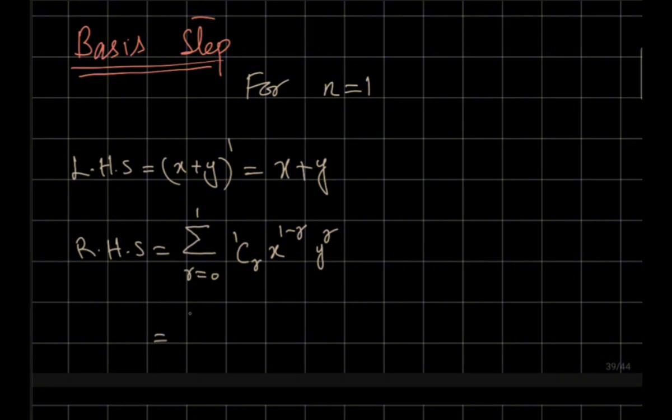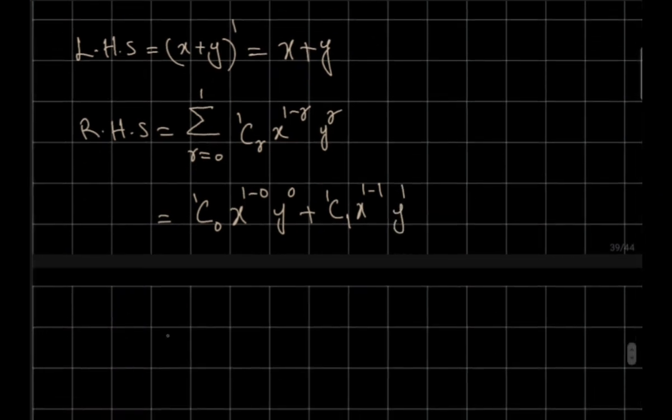First, 1C0, when we put r is equal to 0, x to the 1 minus 0, y to the 0. Now put r is equal to 1, we will get 1C1, x to the 1 minus 1, y to the 1. 1C0 is always 1, so we get 1 times x to the 1 minus 0, which is x to the 1, and y to the 0 is 1.